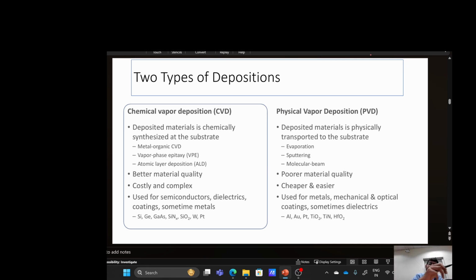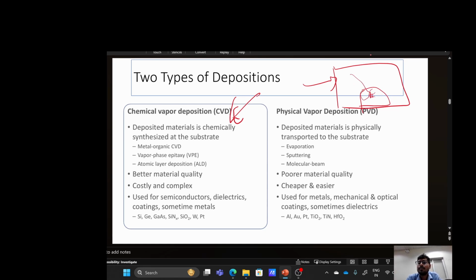In chemical vapor deposition we are using some kind of gaseous precursor which is flown through a chamber, and it reacts with the substrate.